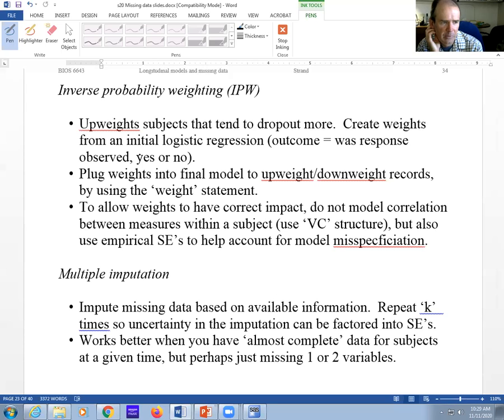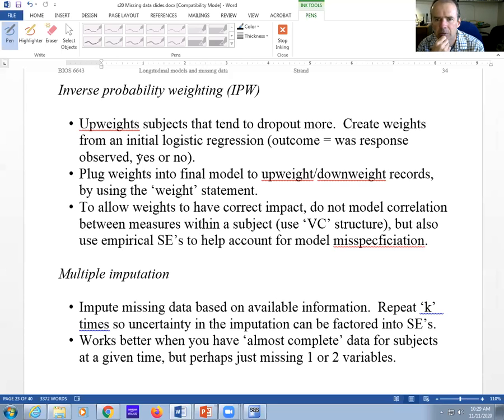But there are different multiple imputation procedures depending on the assumptions that you're making and whether the missingness is monotone or not. I'm not going to get into that today, but there's a variety of multiple imputation procedures that you can apply. Once you have imputed data sets, you can fit models more easily, right?